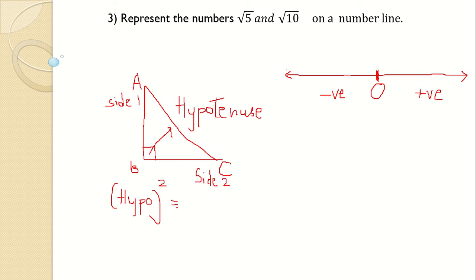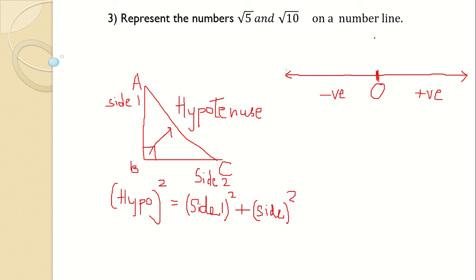So according to Pythagoras theorem, hypotenuse square is side 1 square plus side 2 square. This is what we have by Pythagoras theorem.